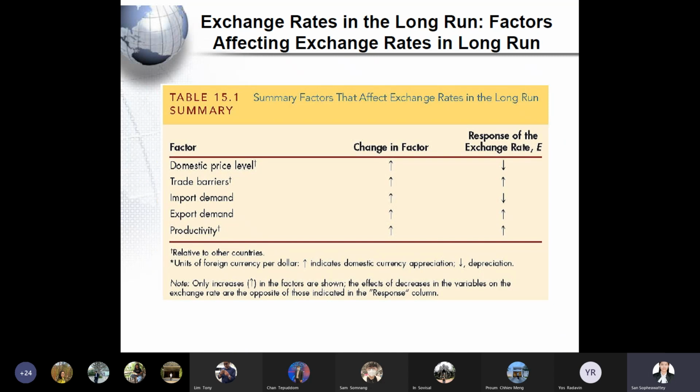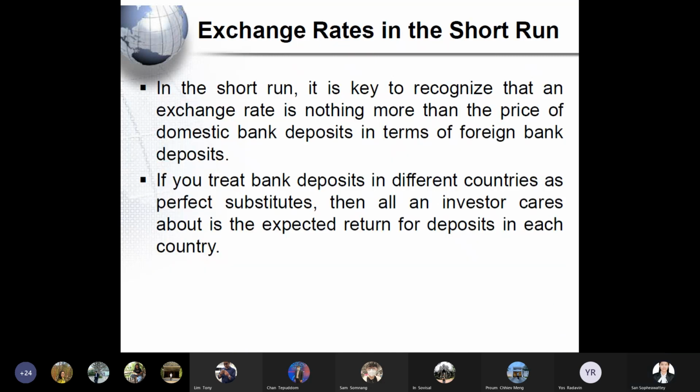These happen only in the long run, but in the short run, it's key to recognize that an exchange rate is nothing more than the price of the domestic bank deposit in terms of foreign bank deposits. If you treat bank deposits in different countries as perfect substitutes, then all an investor cares about is the expected return for deposits in each country.